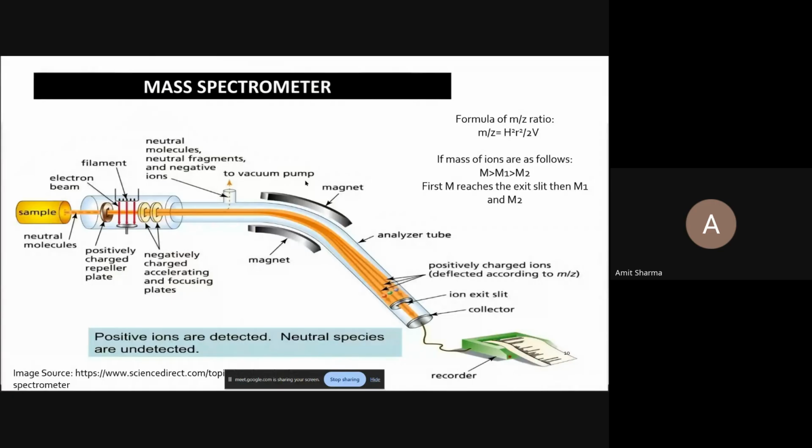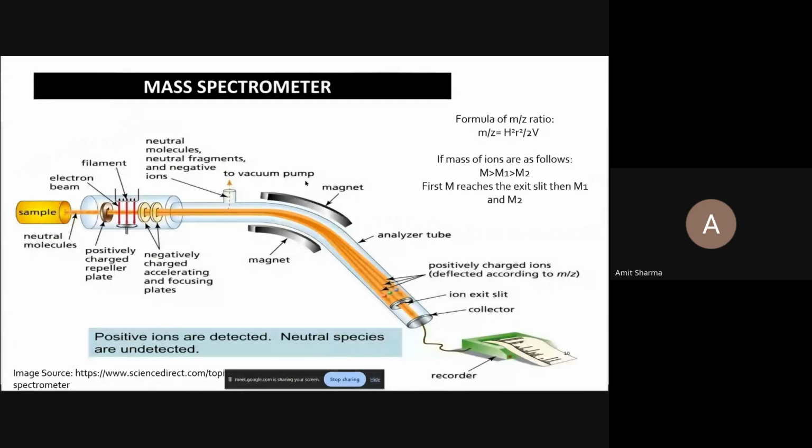The electrode potential is usually between 8 to 10 kilovolt. So the ions are accelerated towards the right side of the instrument. These ions gain acceleration due to these negatively charged accelerating and focusing plates, and the other residue molecules are vacuumed out by the pump.